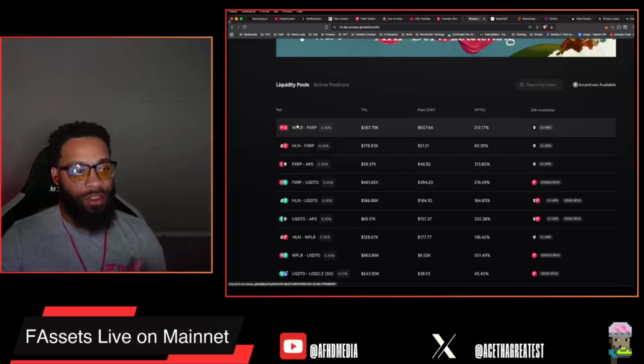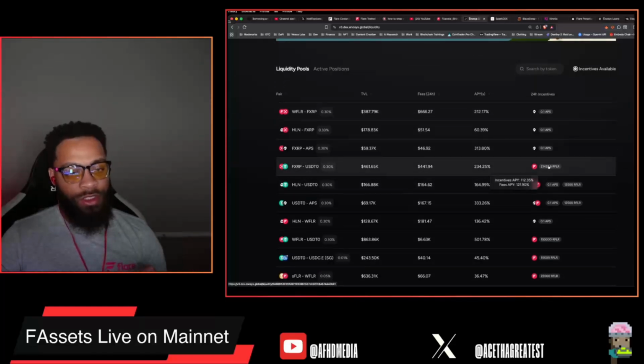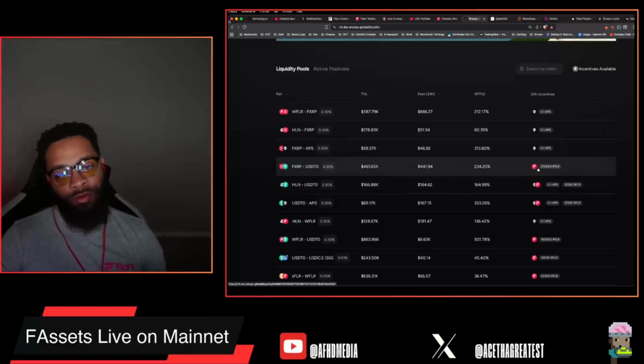So, for instance, on Enosys right now, pairing Wrap Flare and FXRP together, you are looking at earning 212% APY. FXRP USDT0 is looking at 234%, which is awesome, and it's incentivized with our Flare rewards.